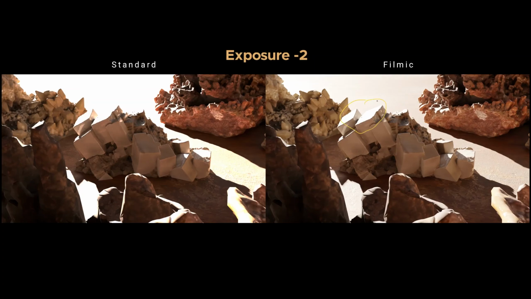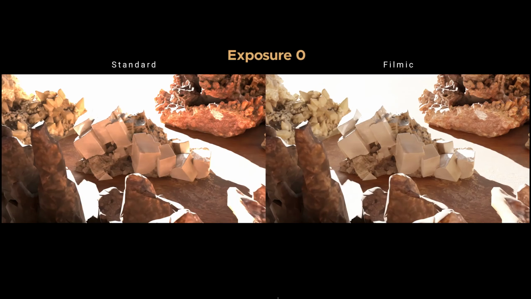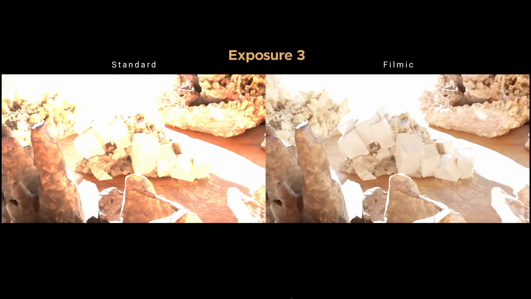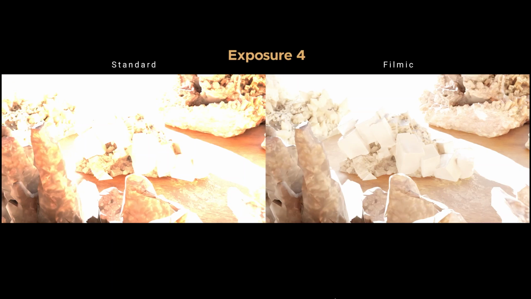And when we climb all the way to 0, notice how the weird yellow coloring appears within the standard view transform, especially in the higher intensity areas. It is just weird. It's not how it should be. The filmic, on the other hand, holds very well even at the extreme exposures such as 5. The standard is officially wasted by now, while we still can see some detail within the filmic transform.